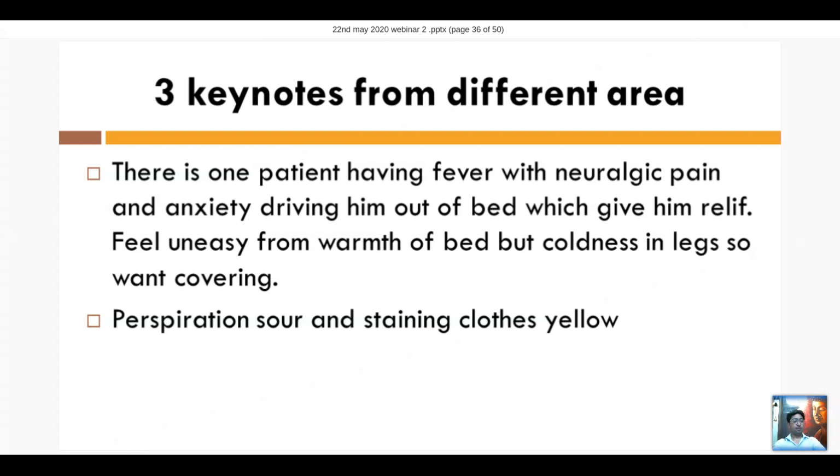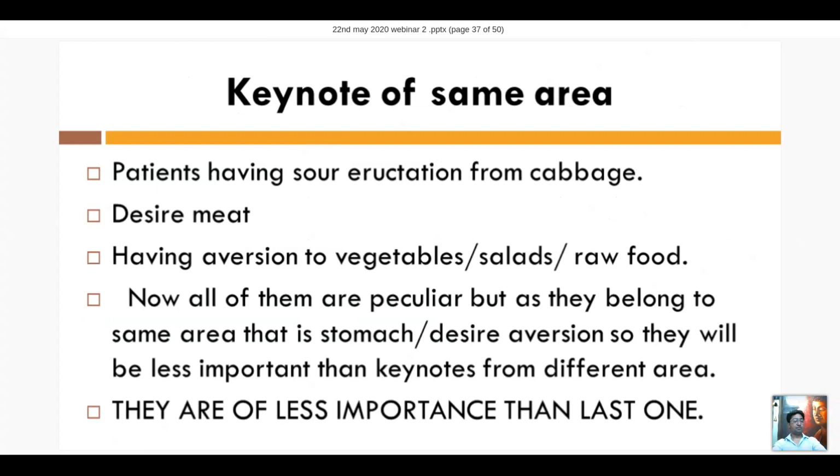But sometimes we have keynotes of the same area. Keynotes from the same area carry less importance if we compare them with keynotes from three different areas.